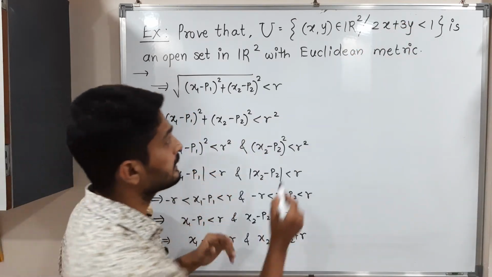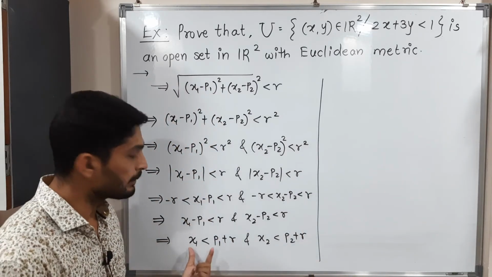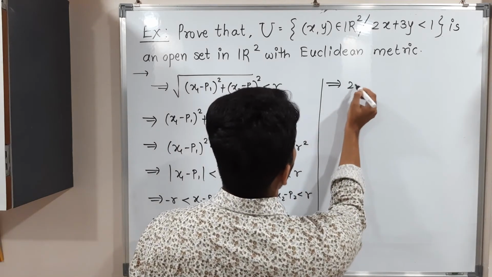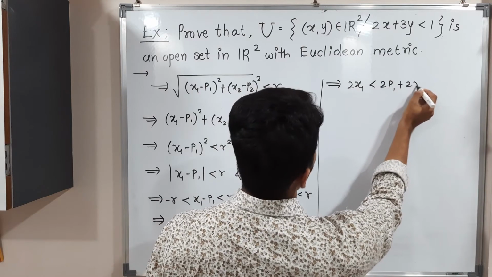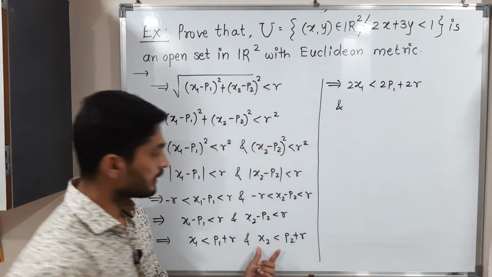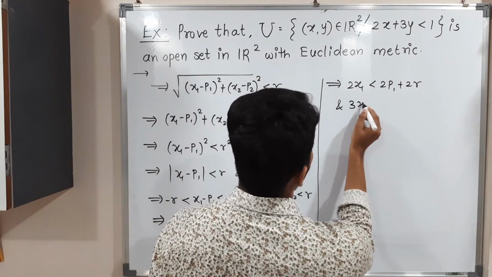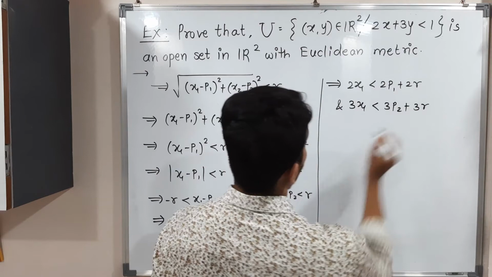My focus is on that inequality, so for that purpose I need to multiply both sides by 2. So it will be 2x1 less than 2p1 plus 2r, and here I have to multiply by 3. So therefore 3x2 less than 3p2 plus 3r.